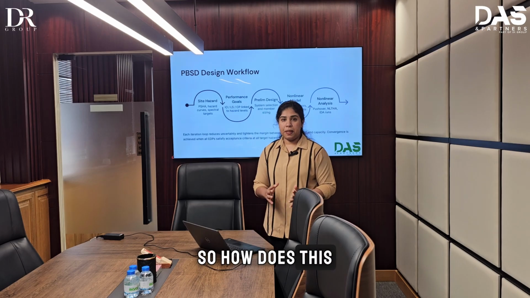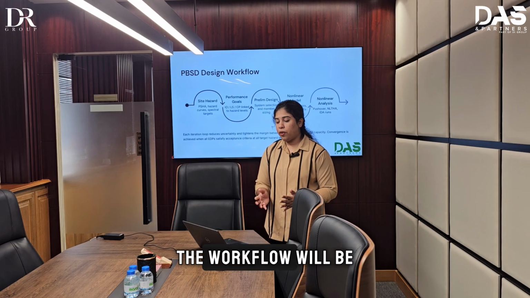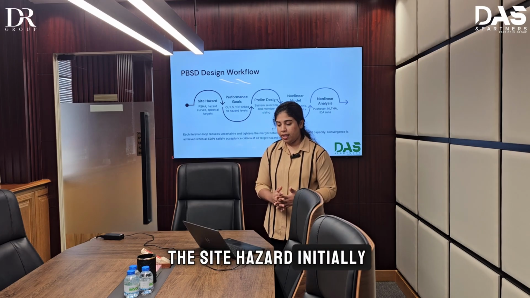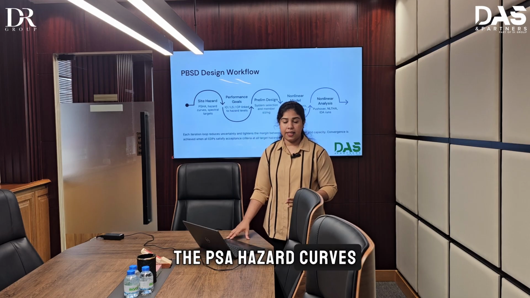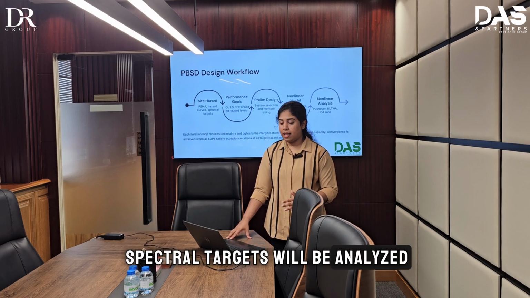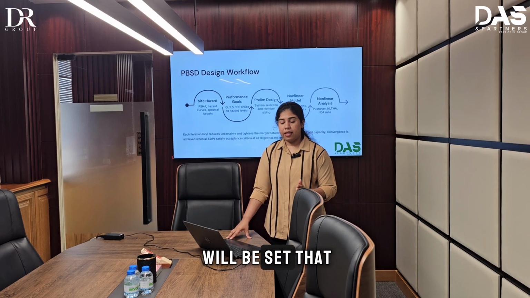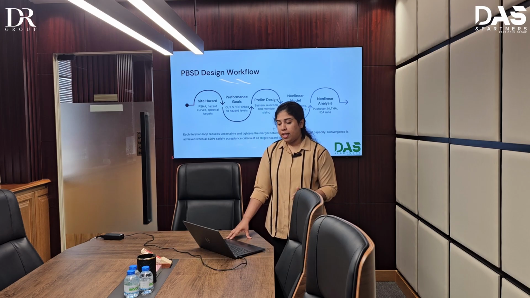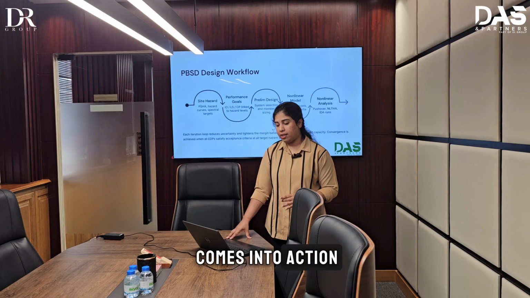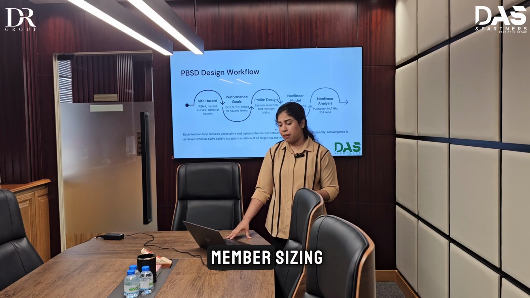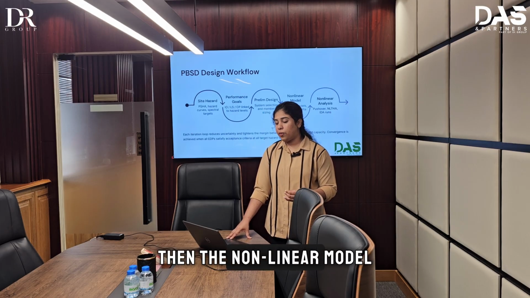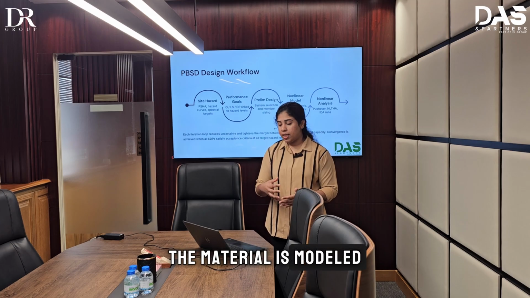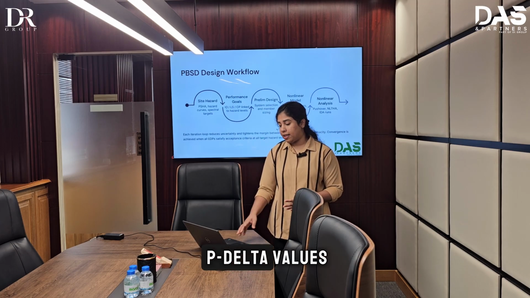So how does PB design work? The workflow starts with the site hazard: the PSHA hazard curves and spectral shapes will be analyzed, then the performance goal will be set, that is IO, LS, CP linked to the hazard levels. Then the preliminary design comes into action, the system selection and member sizing. Then the non-linear model is built, the material is modeled, and hinges are defined according to the P-delta values.